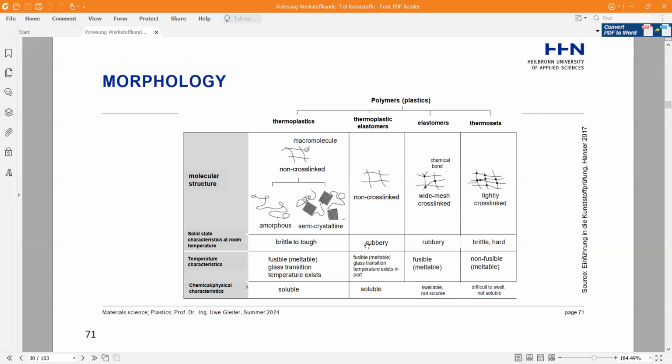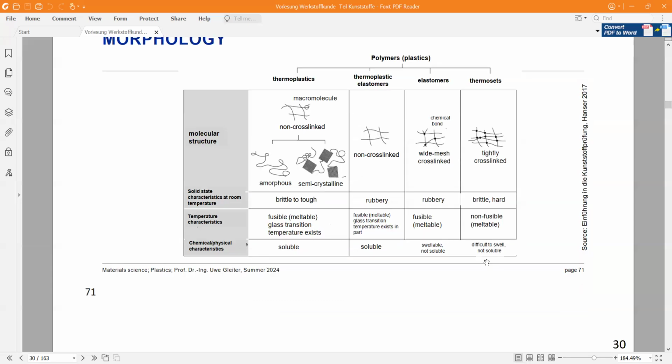It is rubbery solid state at room temperature, and it's infusible and not soluble. In thermosets we have tightly cross-linked structure. It's brittle and hard at room temperature, infusible and difficult to swell, so it's not soluble.